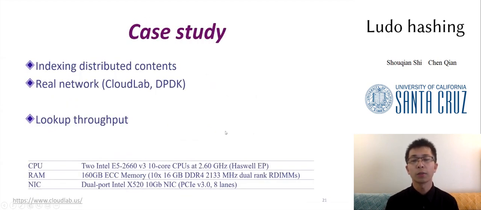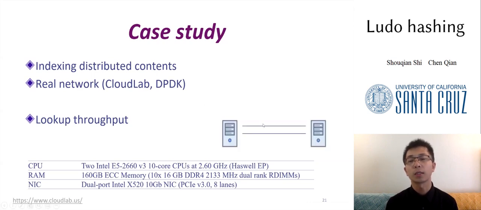We also evaluate the lookup throughput of Ludo in a case study for indexing distributed contents. Experiments are carried out in the real network on CloudLab with Intel DPDK enabled. The experiments use two machines, both with two Xeon E5 CPUs, 160 GB RAM, and a dual-port 10 gigabit per second NIC, which supports up to 20 gigabit per second bandwidth.